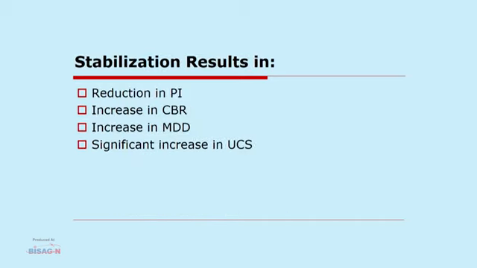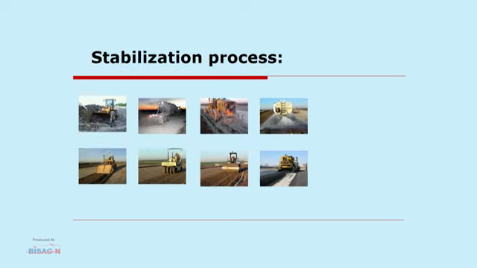Stabilization results in a reduction in plasticity index, increased CBR, which is California bearing ratio, an increase in maximum dry density, and a significant increase in UCS, which is unconfined compressive strength. These are again some of the pictures which show the stabilization process.